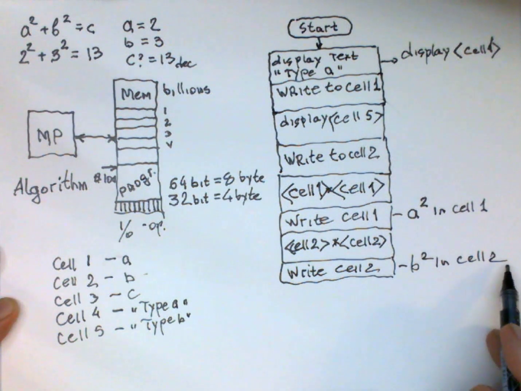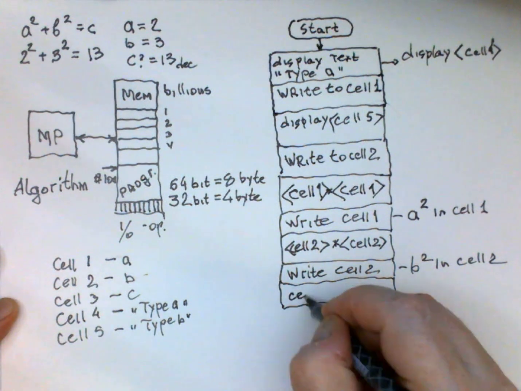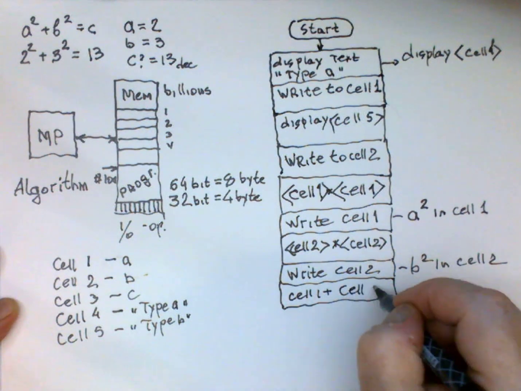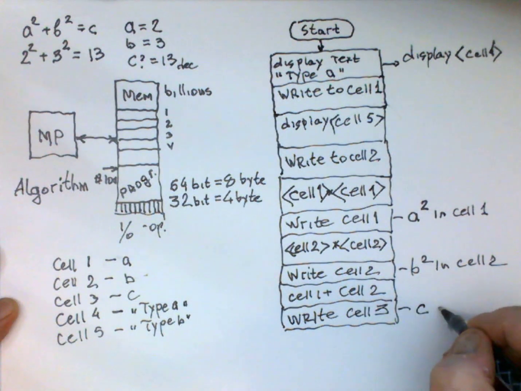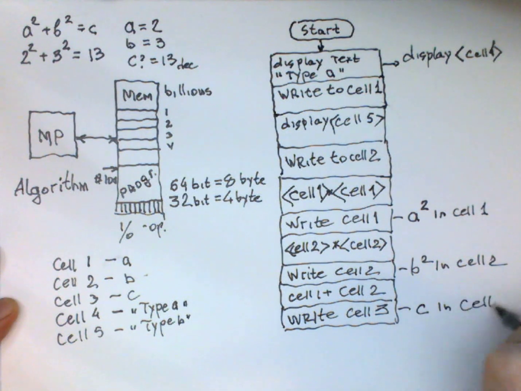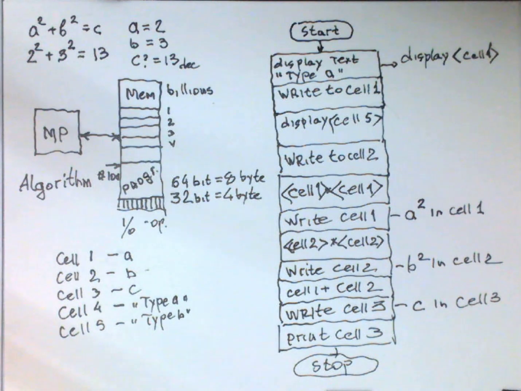So that is now what I need to do. I need to take cell 1 plus cell 2, write to cell 3, c in cell 3, print cell 3, stop.